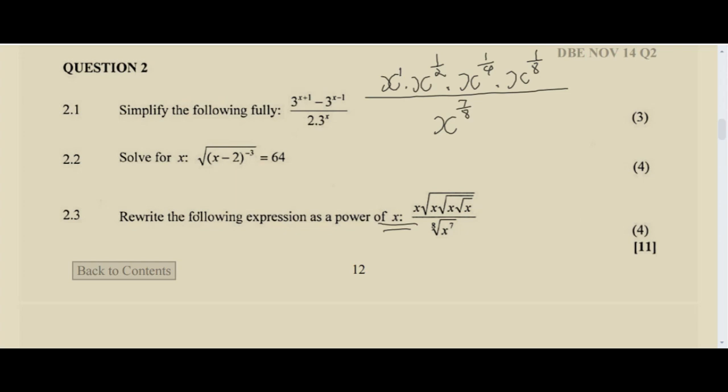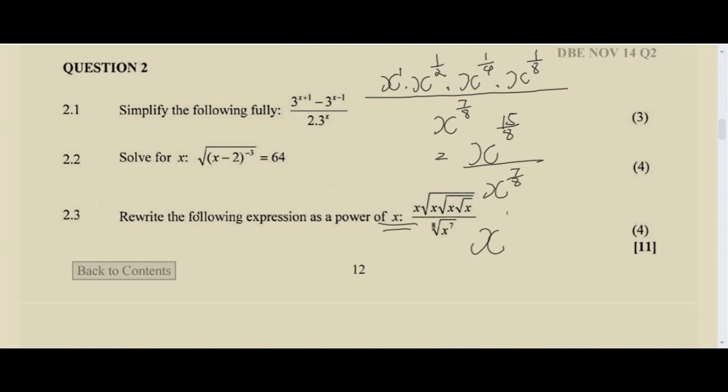Right, then at this point we are multiplying and the bases we can see are the same. That means we can add the exponents. So we'll say 1 plus 1 over 2, and then plus 1 over 4, then plus 1 over 8. Right, so this will give us x to the exponent of 15 over 8, then divided by x to the exponent of 7 over 8. Now at this point we can see we are dividing and the bases are the same, so we need to subtract the exponents.